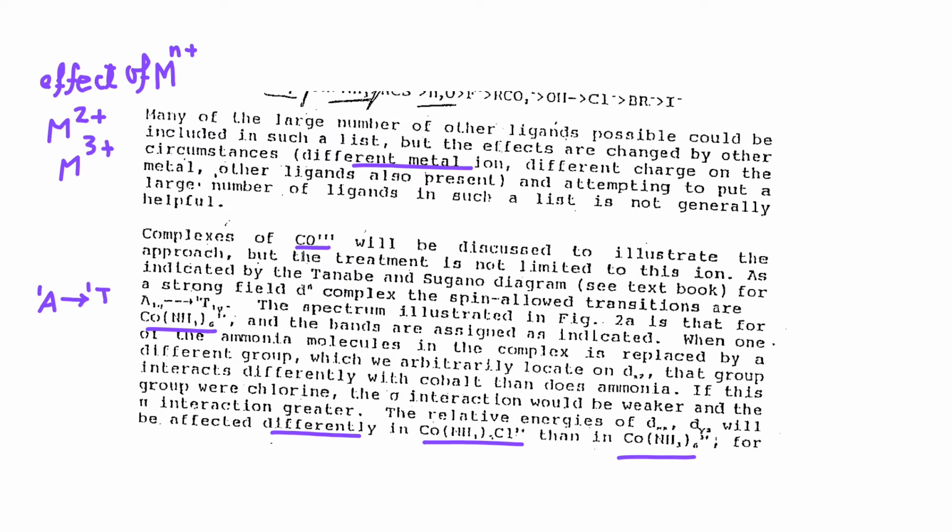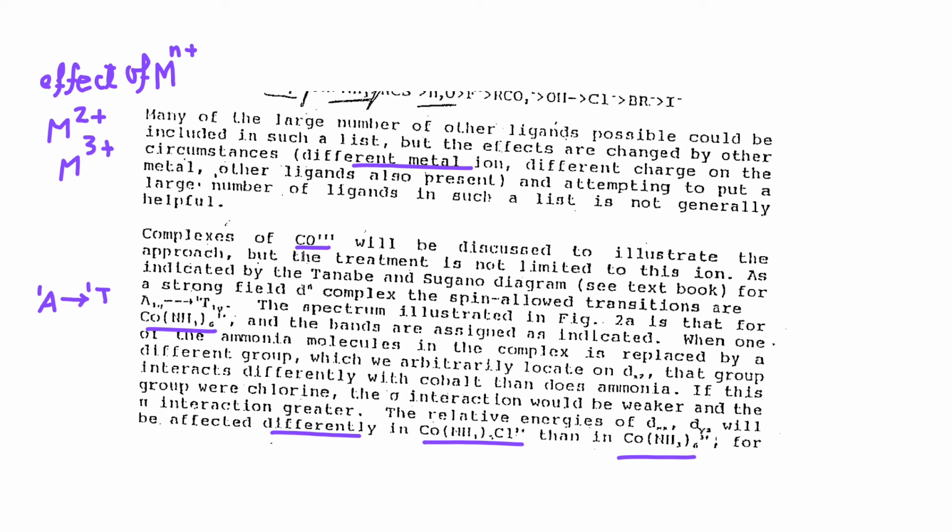Now, we cannot ignore the effect of metal ion size and charge on the delta octahedral, but here we have the complex only for one metal ion with the same charge, so the effect of metal ion charge is eliminated, but we have to keep in mind that metal 3 plus delta is always larger than metal 2 plus delta in all complexes.